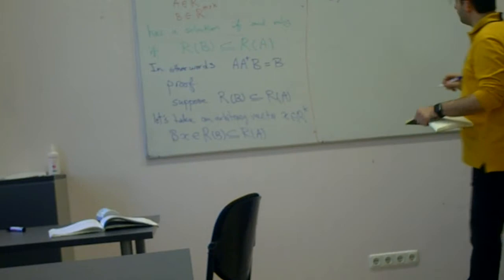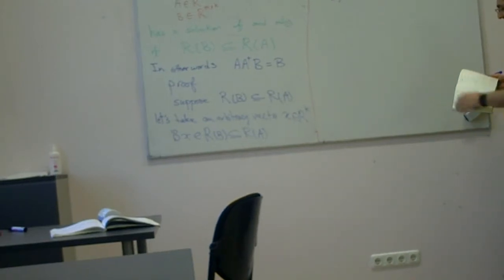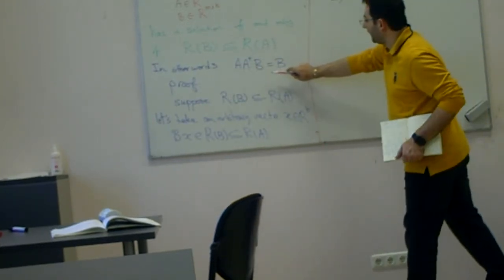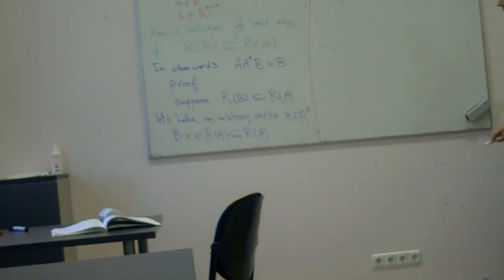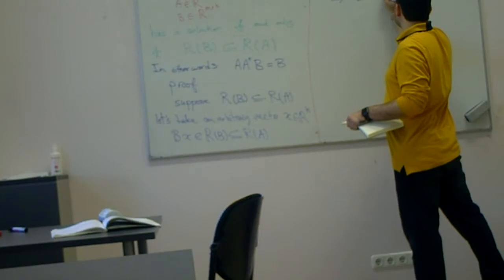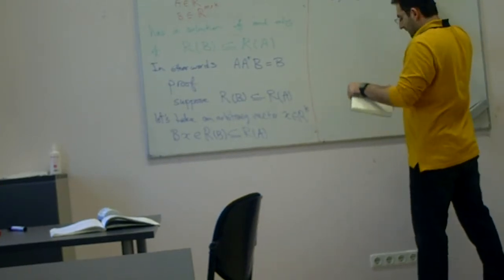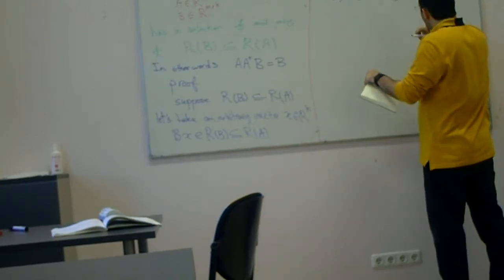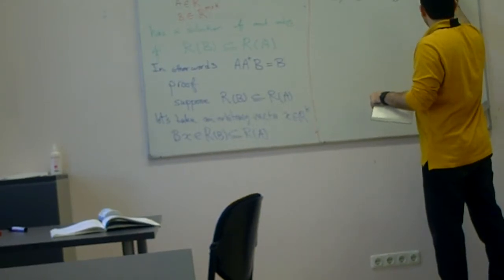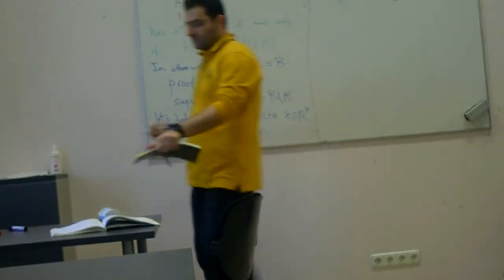I don't need to multiply anything. Here I can replace B with the A A plus B. So Bx, which is equal to Ay, is equal to actually A plus Ay. Why?